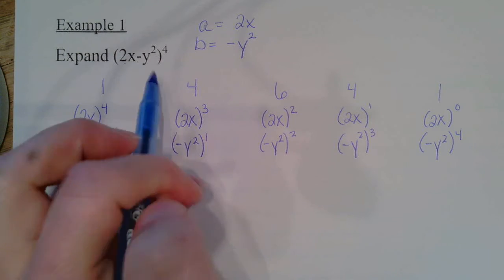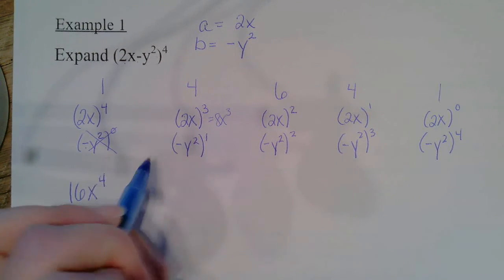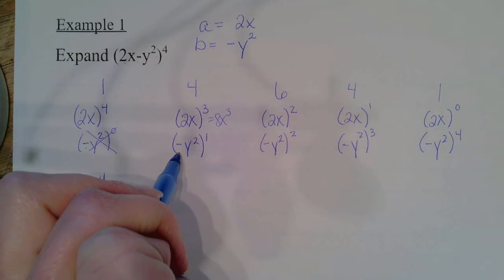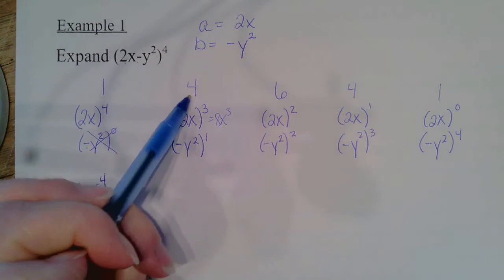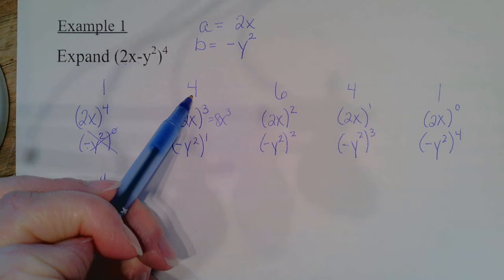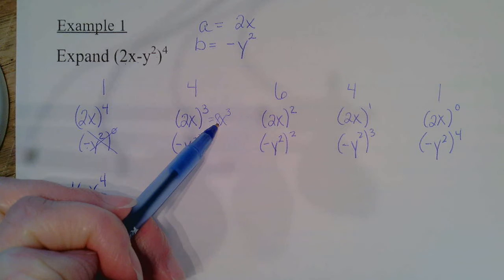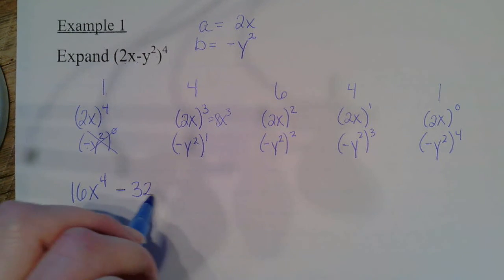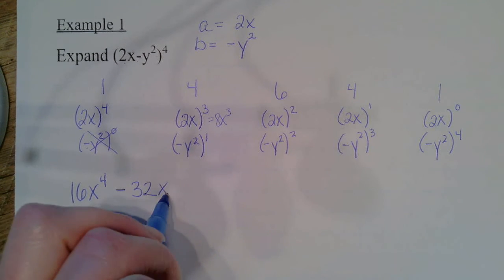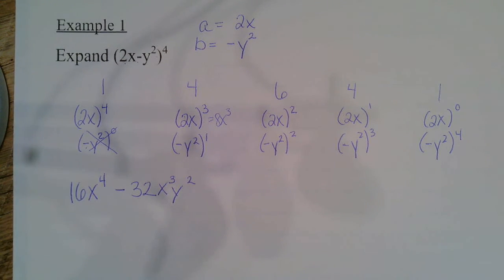My next term, this is going to work out to be 8x to the 3rd times negative y squared, because I'm doing to the 1st power. I can't forget about the original coefficient of 4. So I have 4 times 8 is 32, times negative 1. So minus 32x to the 3rd y squared.